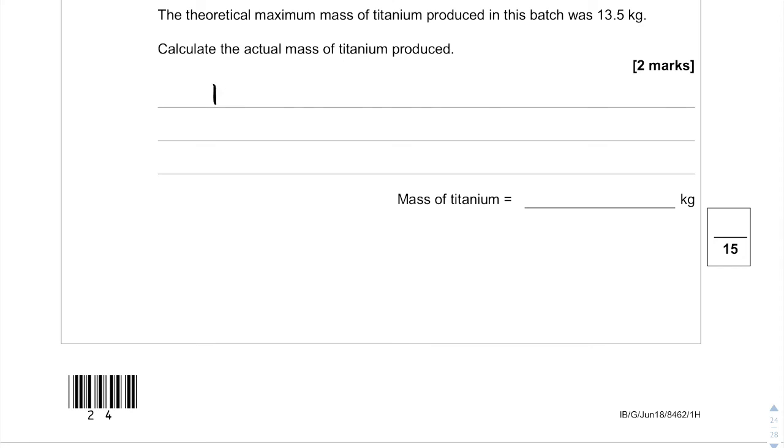So you basically have 13.5 times 92.3 divided by 100, because we're taking away the percentage. Right, calculator, 13.5 times 0.923 gives you 12.5 kilograms. I actually can't believe they actually put this in. I'm so disappointed in the exam board actually.